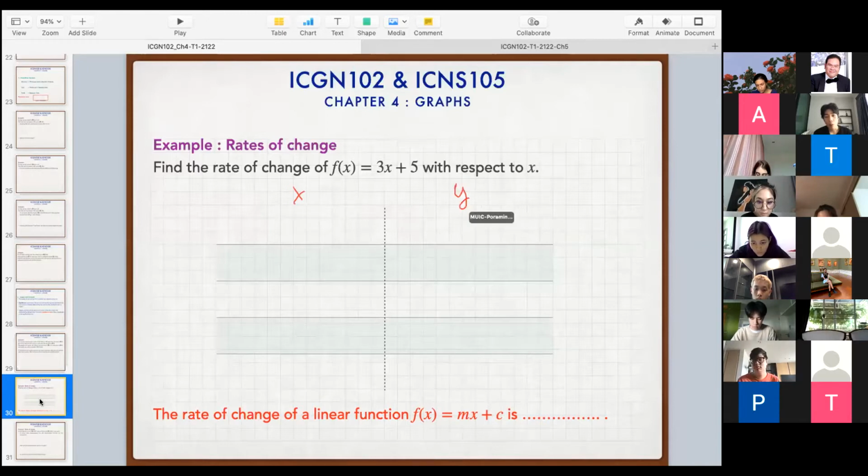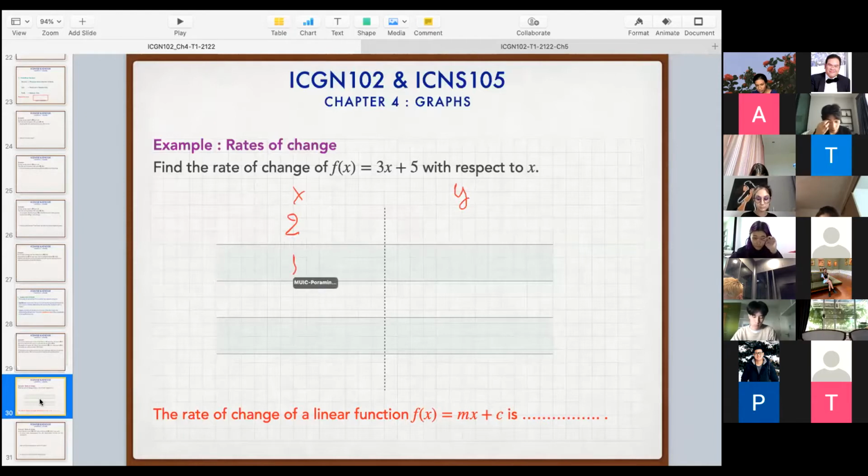I will give possible values of x so that we can find y here. Assume that I have x from 2, 1, 0, -1 and -2 so that it can be scattered.